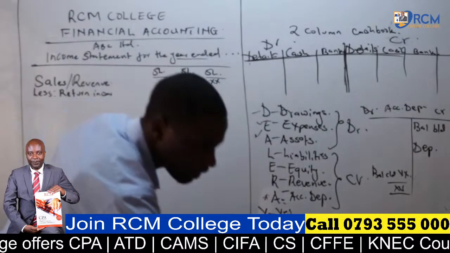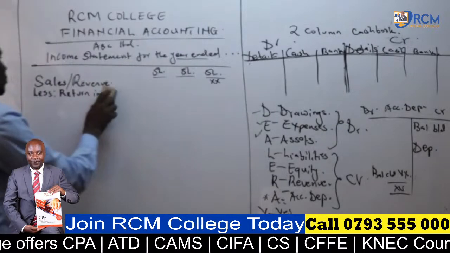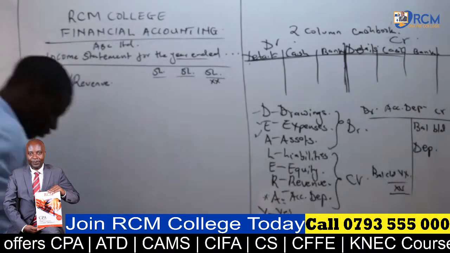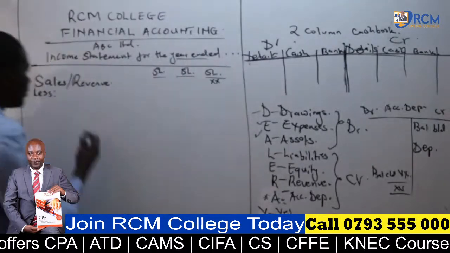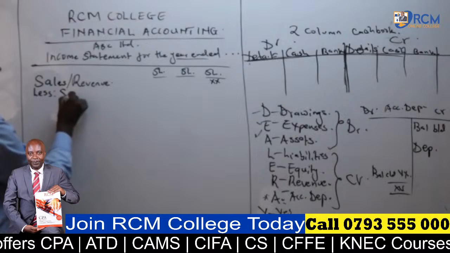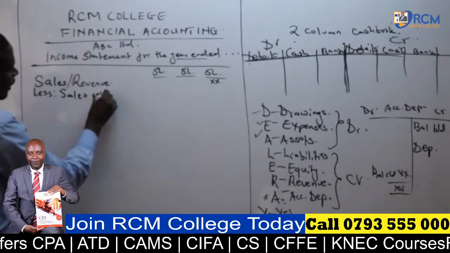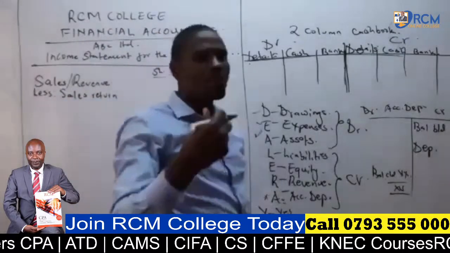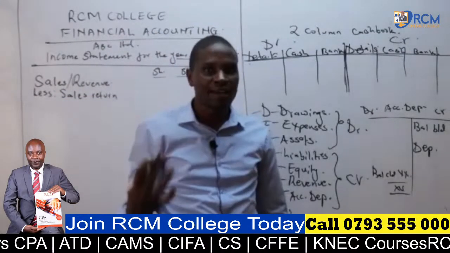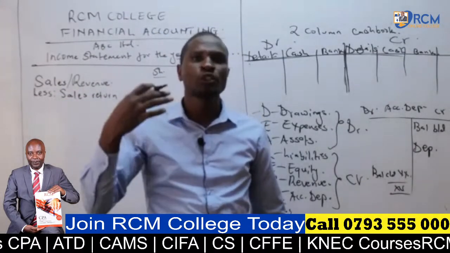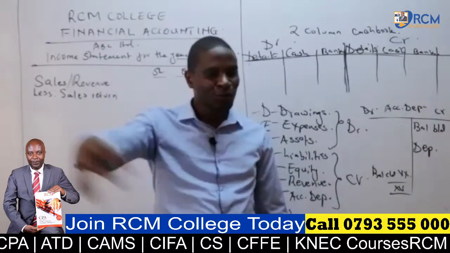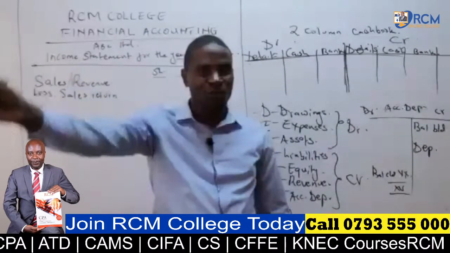Allow me to call them sales return for you to understand. Sometimes the examiner may give you terms which will confuse you. Sales return: we sold to the customer, but probably the quantity was not right or the quality was not okay, and they have returned it to us. We have to take it back because we had already sold.